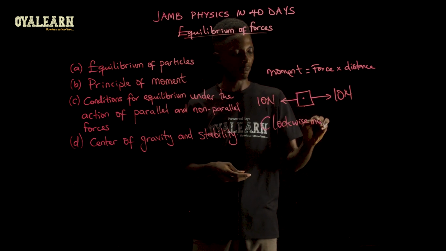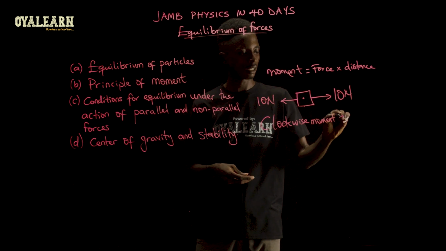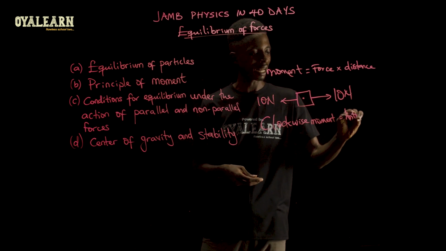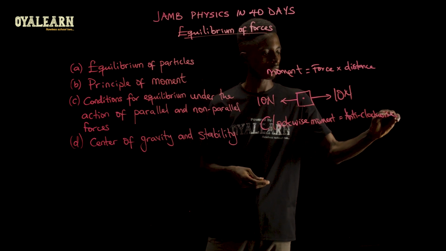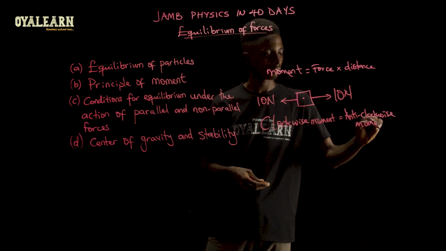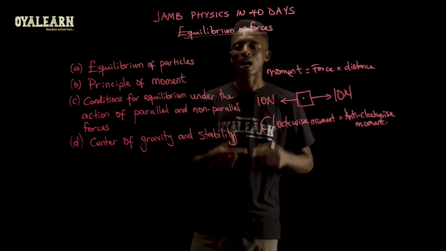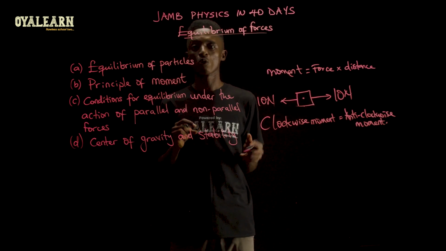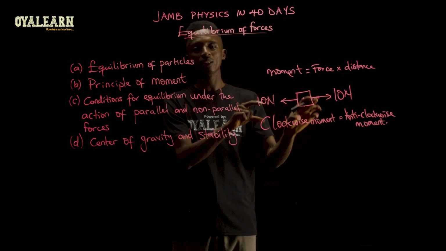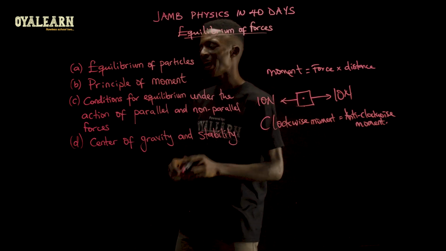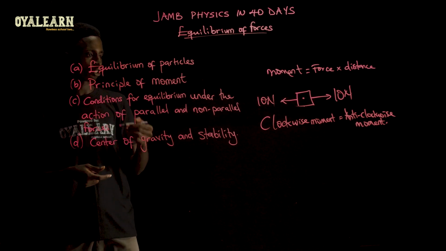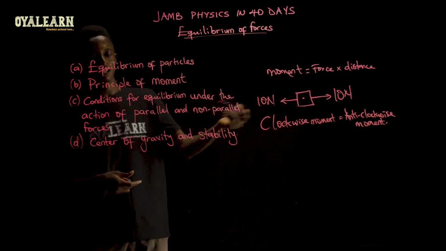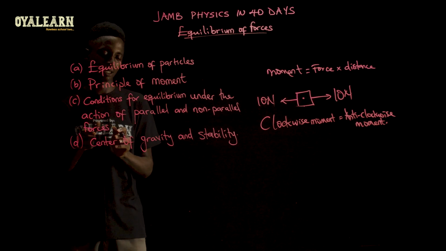Clockwise moment equals anti-clockwise moment. I'll soon explain this when we start solving questions on that. But these conditions must hold for any body that is in equilibrium. And those are the conditions under the actions of parallel and non-parallel forces.